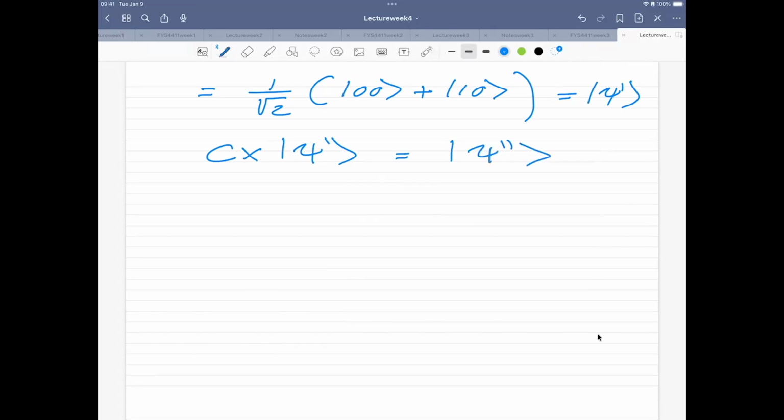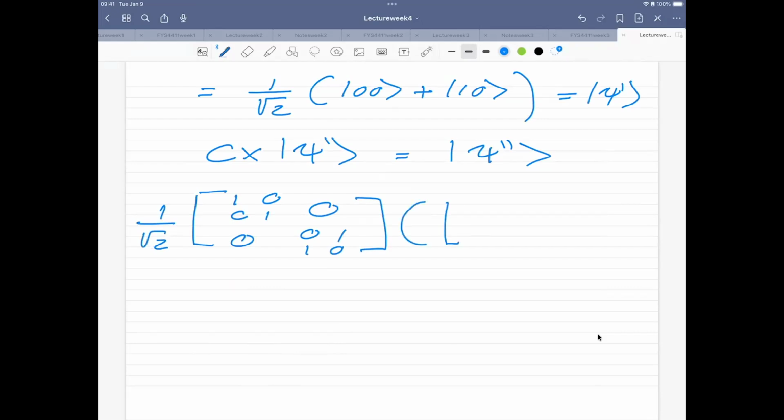So this means that what I'm going to do now is simply to perform the operation with the matrix 1, 0, 0, 0, zeros here, and then 0, 1, 1, 0. And this is going to be multiplied with 1, 0, 0, 0, plus 0, 1, 0, 0.